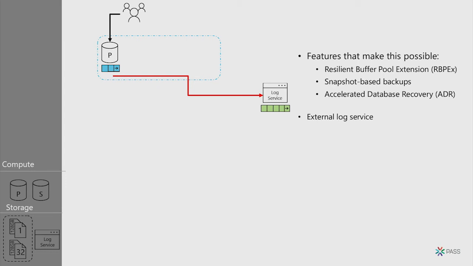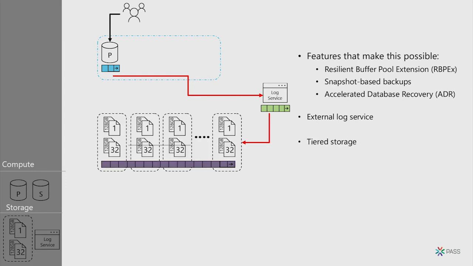So you have an external log service. The log itself is not local anymore. This log service process is not a SQL Server process; it's a new process, and we'll dig into that in a bit. Then you have a set of one or more page servers that constitute your database.